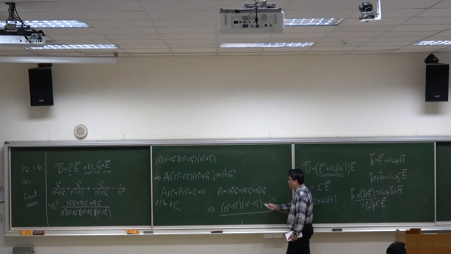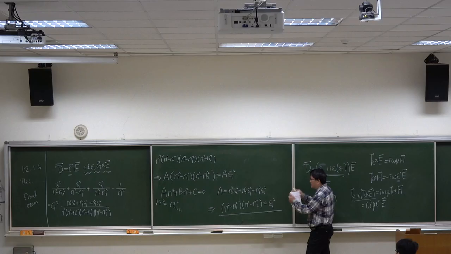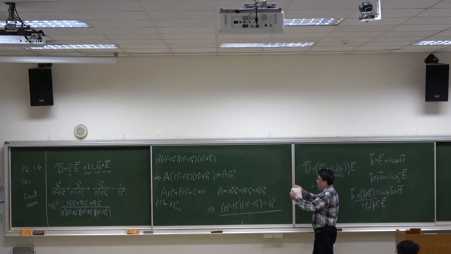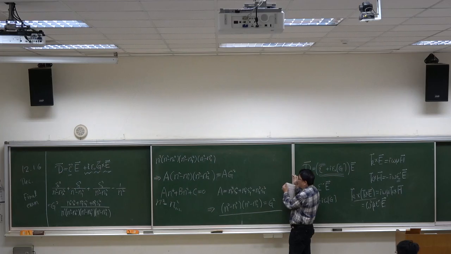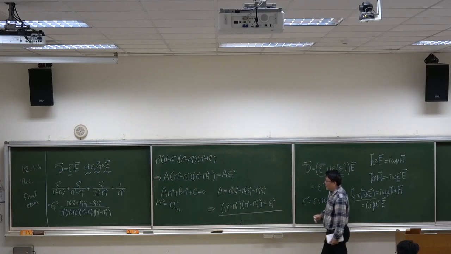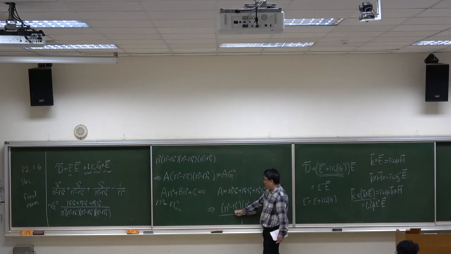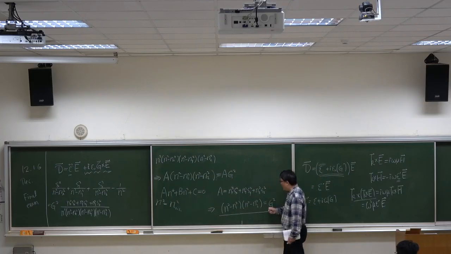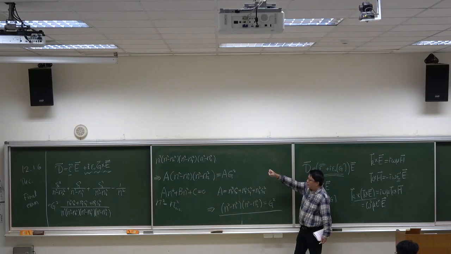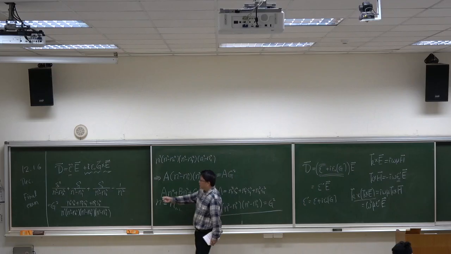Okay, here n1 and n2 are the two eigenindices for the non-optically-active crystal. That is, when we turn off the optical activity, the two eigenindices we originally solve for are n1 and n2. We reuse them, and when the optical activity is turned on, the equation is modified into this form. So this is equivalent to this equation.